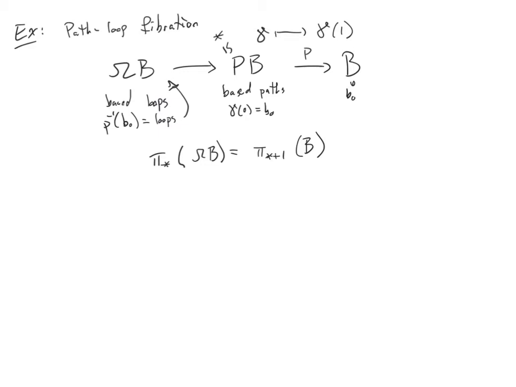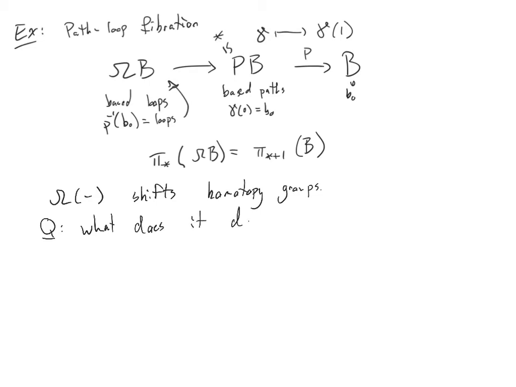The takeaway is that loops as a functor shifts homotopy groups. So it's pretty simple on homotopy groups, but the question is, what does it do to cohomology? Or homology, but we'll check this for cohomology.